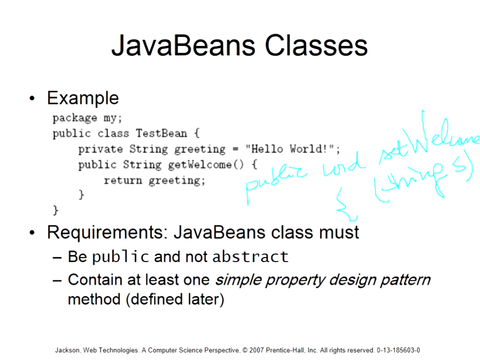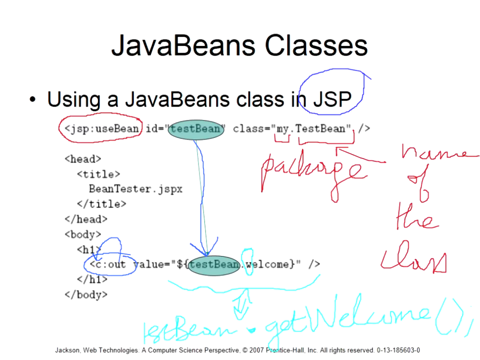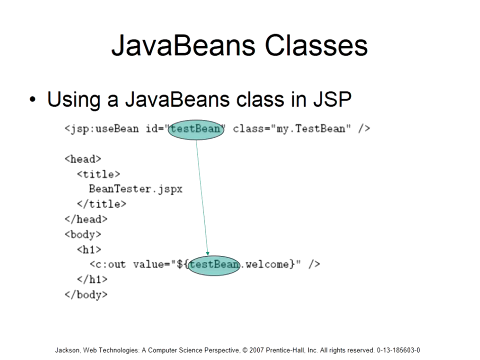This is an example of a JavaBean. A JavaBean is a Java class. Here I will write greeting equals s. Then, on this page, I will use this Java class.